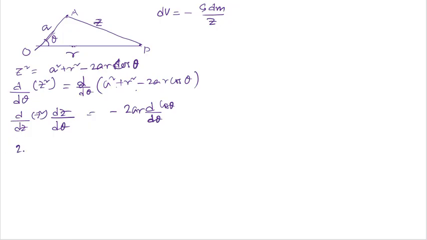So here I can write 2z dz by d theta equal to minus 2ar times minus sin theta, so it becomes plus 2ar sin theta. So I'm getting another relation: 2z dz equals 2ar sin theta d theta.